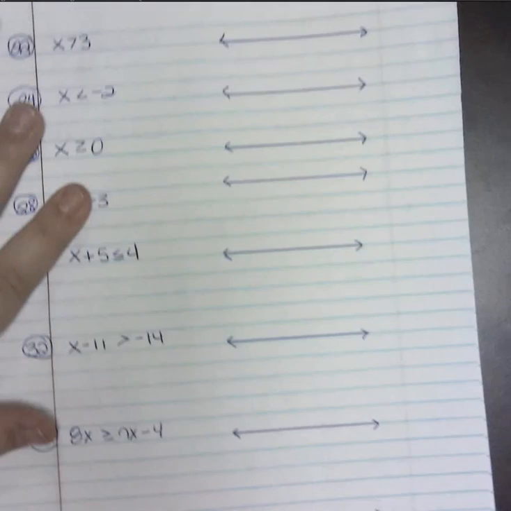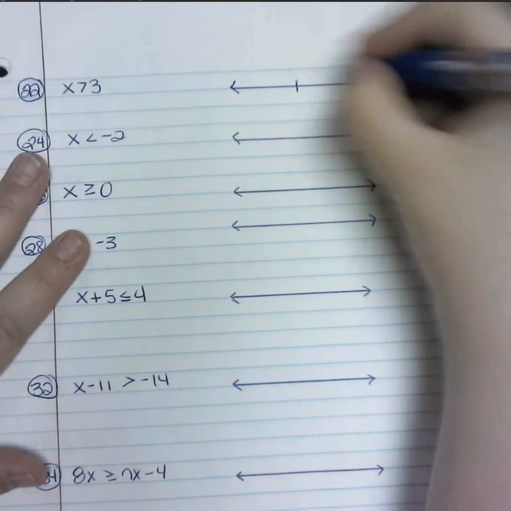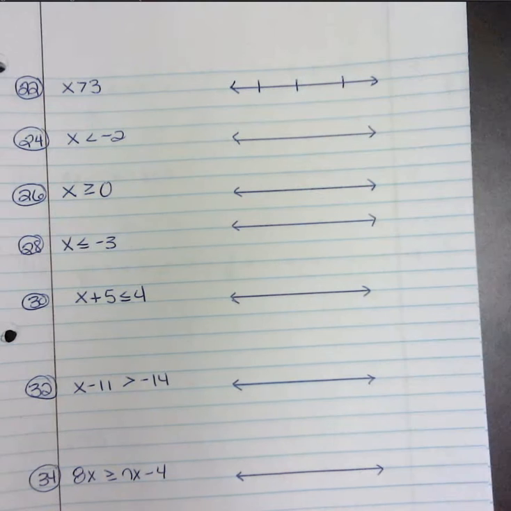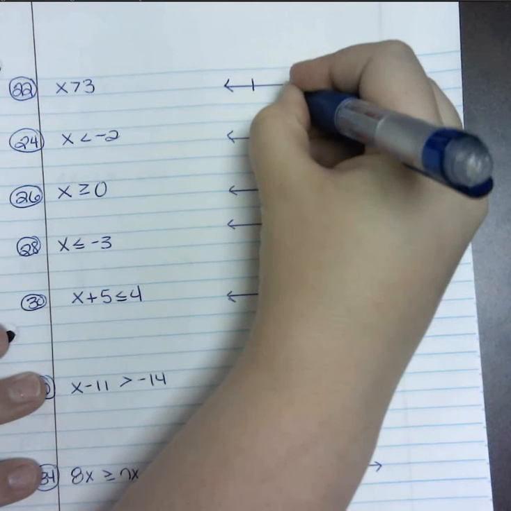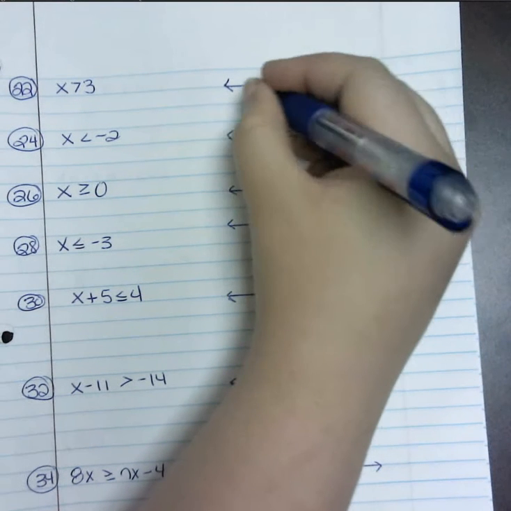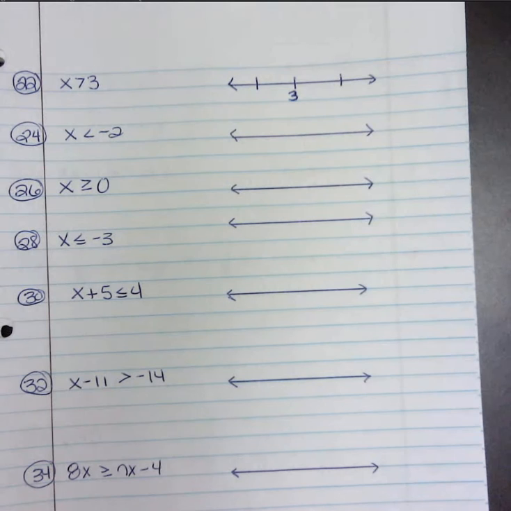Okay, so looking at problem number 22, I have x is greater than 3. So we have to include 3 on our line. Remember, you could have put it on either one of those tick marks. I'm just putting it in the middle to make it easy. The number before 3 is a 2.